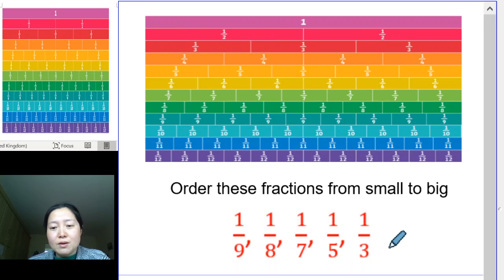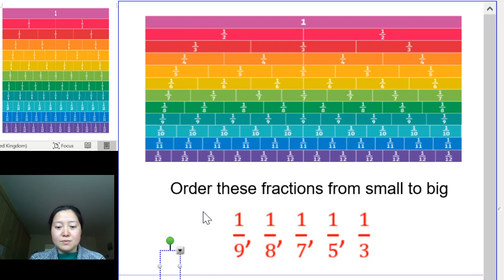So for fractions with the same numerator, you can say that if they have a larger denominator, that means the size of each piece is going to be smaller.